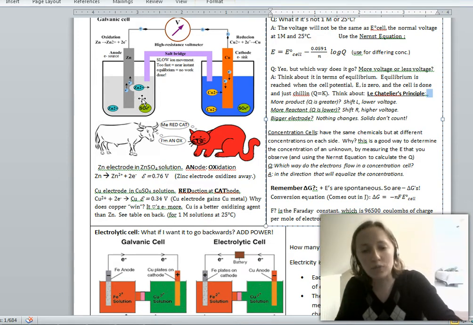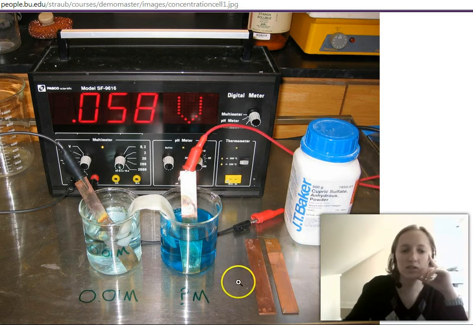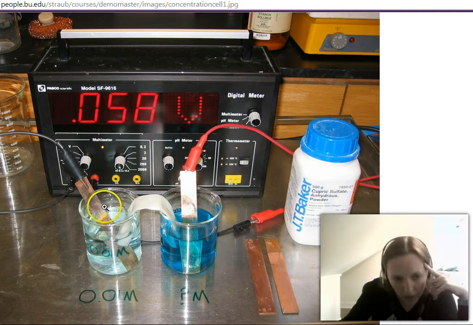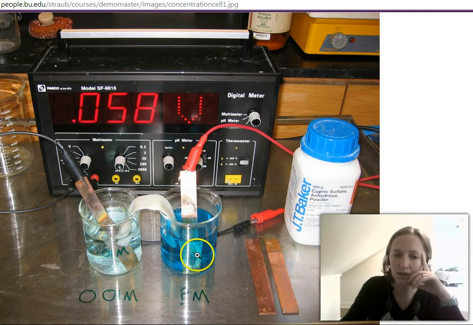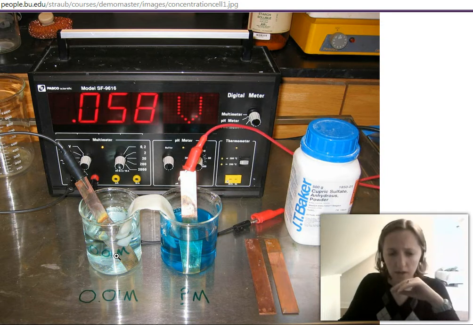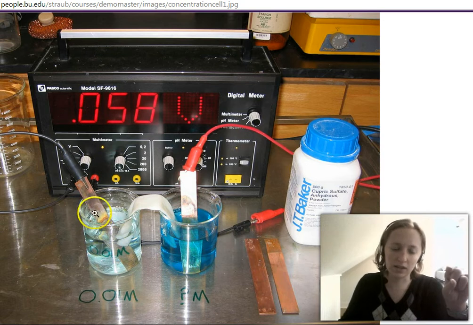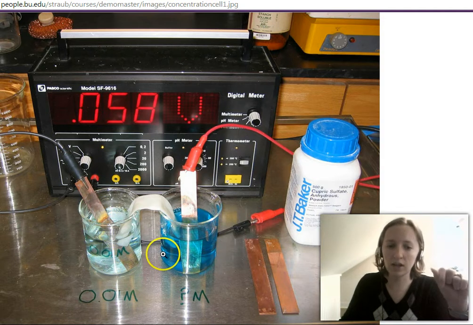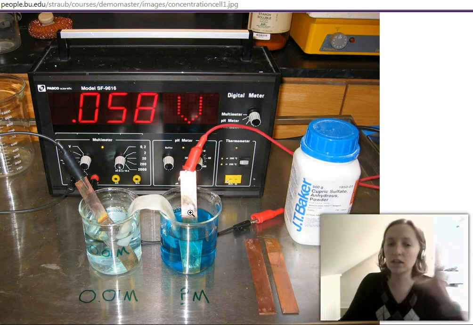But if you mess with it and you do a setup like this where you've got 2 copper electrodes, and you've got some concentrated copper sulfate and some dilute copper sulfate, you can force this to go to equilibrium by having enough sulfate ions here so that the copper will hop off and make this solution more concentrated, and the copper in this solution will hop on and make this solution less concentrated until it reaches equilibrium.